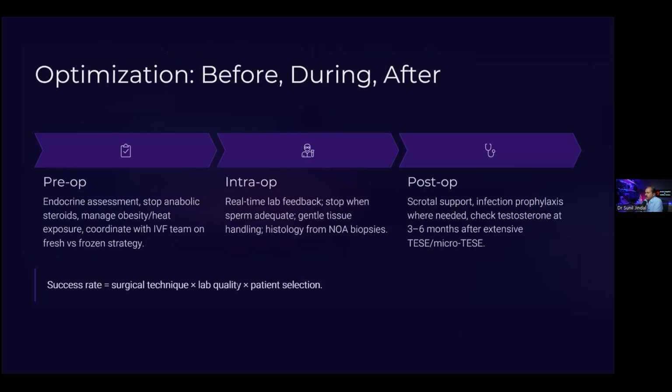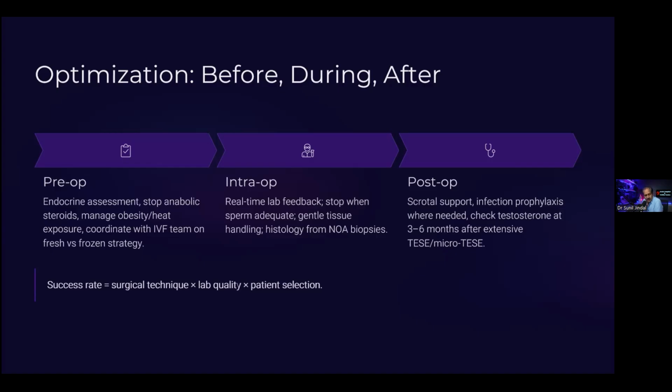Now before we do a micro TESA, we've got to optimize by giving at times HCG to bring up the testosterone. We've got to do an endocrine assessment, stop any anabolic steroids, manage obesity, heat exposure, and coordinate with the team on fresh and frozen strategy.